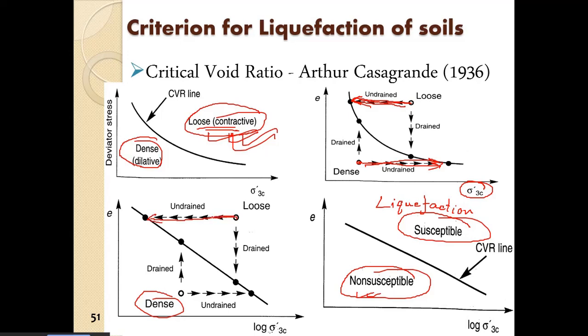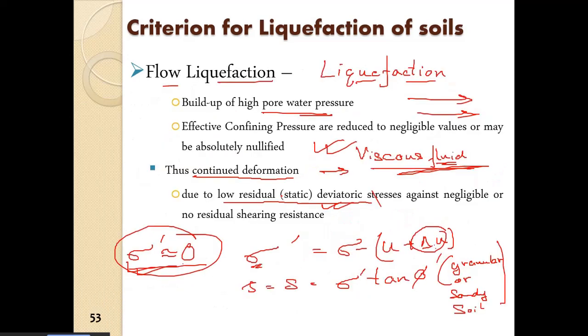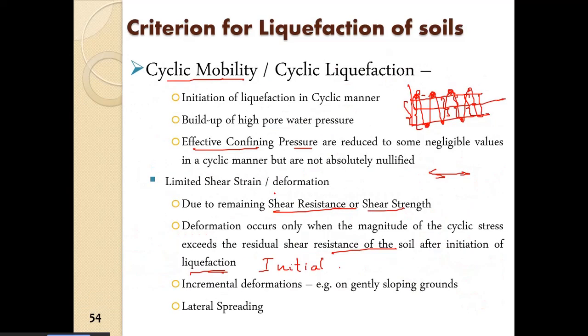So sometimes it comes to here, where the effective confining stress is zero. It is nullified. Obviously, it is for a fraction of a minute, maybe 10 to 20 seconds, less or more.